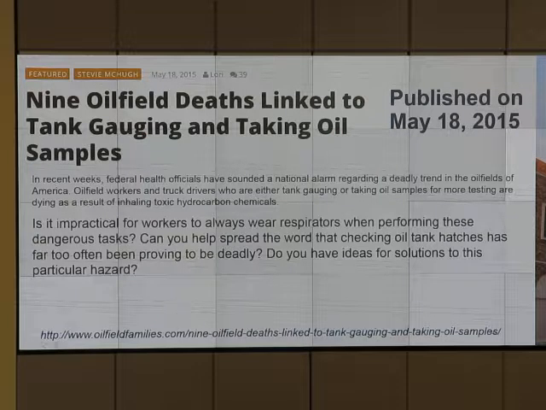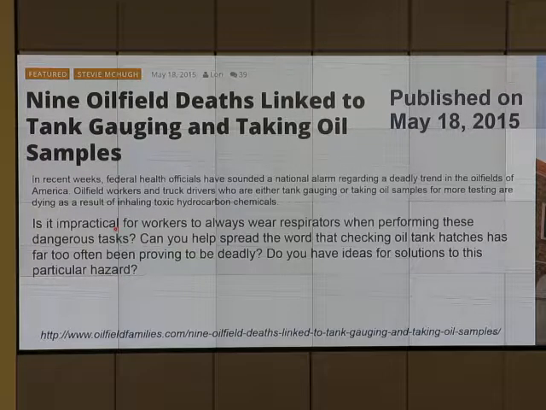So that's the website. Is it impractical for workers to always wear a respirator when performing this dangerous task? Can you help spread the word that checking oil tank hatches has far too often been proven to be deadly? It is deadly. Is it impractical, Danny, or do they just not want to wear it?